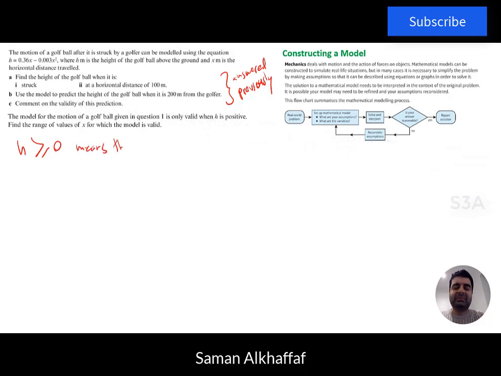in this scenario we would have 0.36x minus 0.003x squared bigger than or equal to 0. So we'll try to rearrange the expression and take x as a common factor. That will give us x times (0.36 minus 0.003x) bigger than or equal to 0.